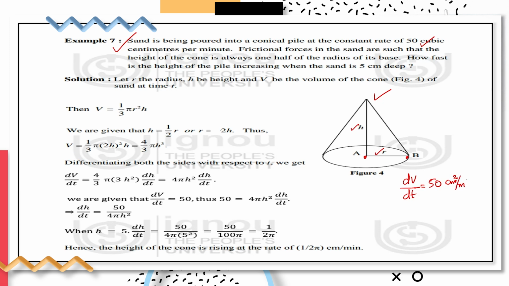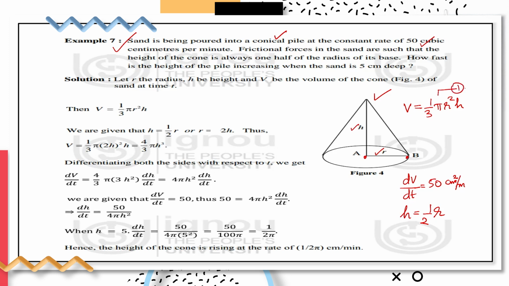Frictional forces in the sand are such that the height of the cone is always 1/2 of the radius. This is the second important information. And since a conical pile is there, the volume of the cone is to be taken into consideration. So 1/3 pi r square h is the volume of the cone, which is the first observation.